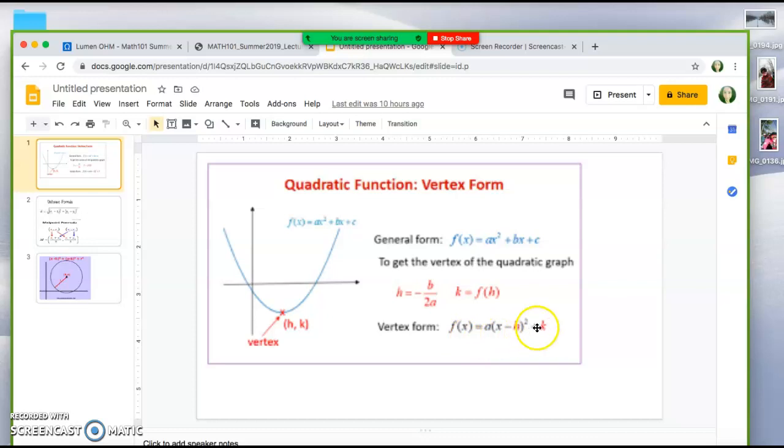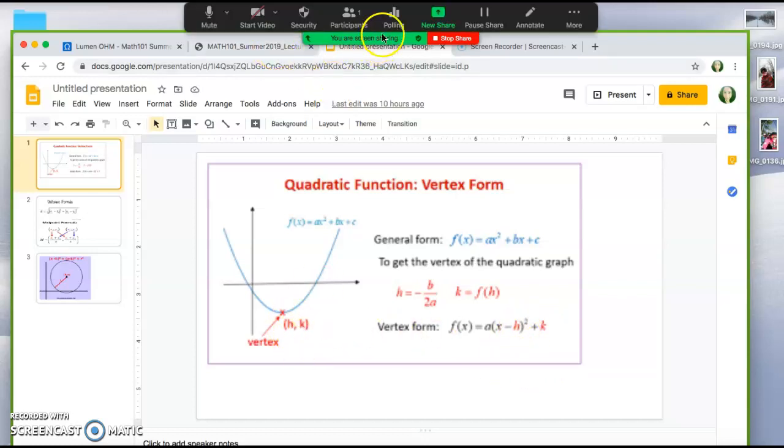When we are looking at a vertex form, we can pull out the vertex point straight from the equation. So let's go back to our first question and take a look at the vertex form. Remember that it's x minus h squared plus k, and when we pull out the point, it's just going to be h and k.